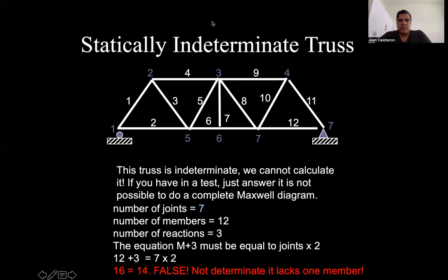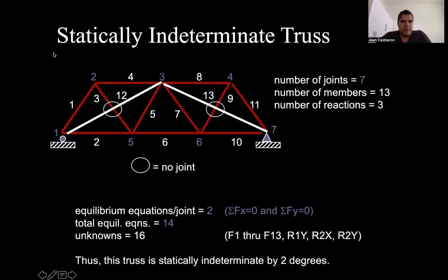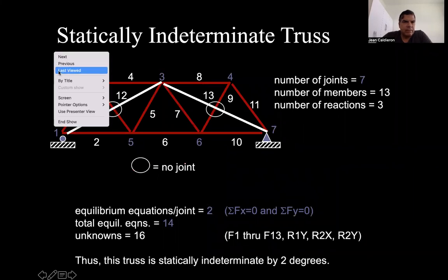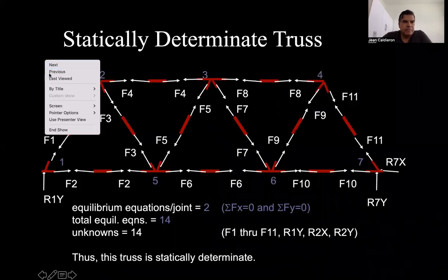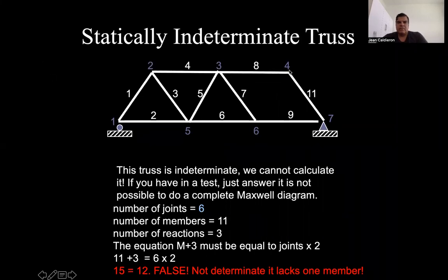Let's go with another example. In this particular example, I already passed it. Let me go back. In this particular example, I eliminate one of the members. From the original truss, I eliminate the member that goes between the joints 4 and 6.